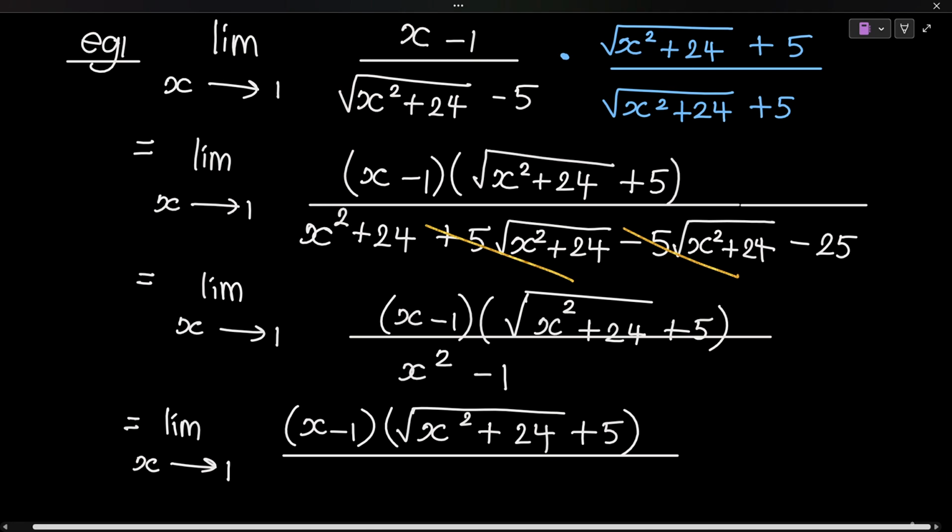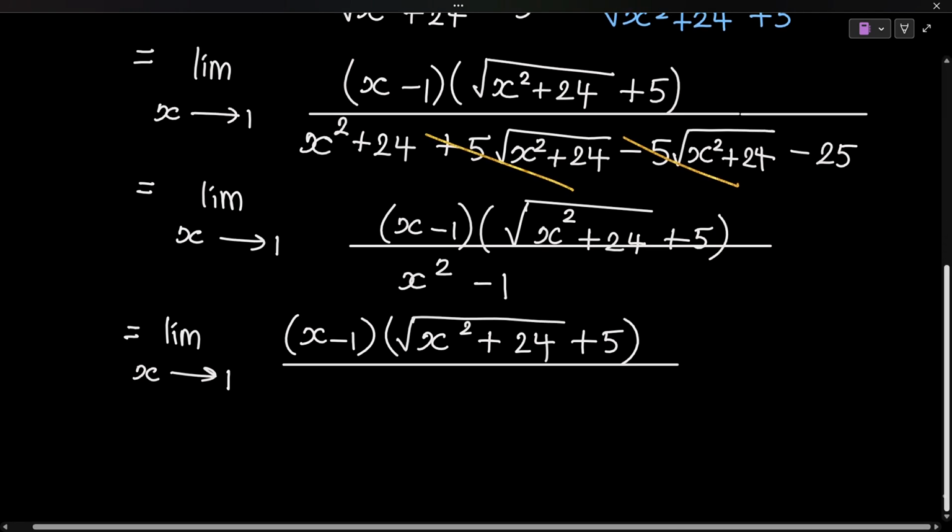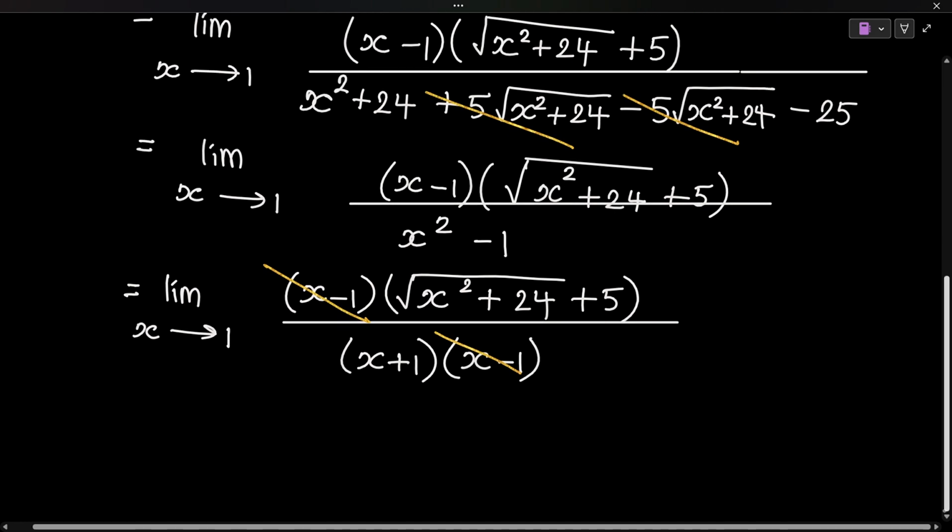Now to factorize the denominator with difference of two squares, we know one bracket gets x plus 1, the other bracket gets x minus 1. The x minus 1 at the top and at the bottom cancel out with each other. We can now make use of the limit.